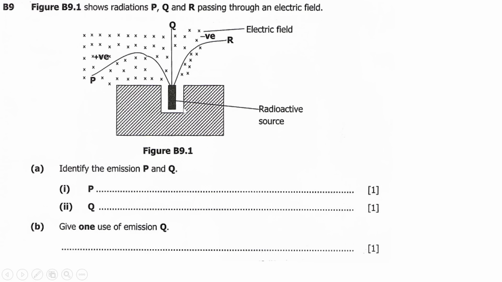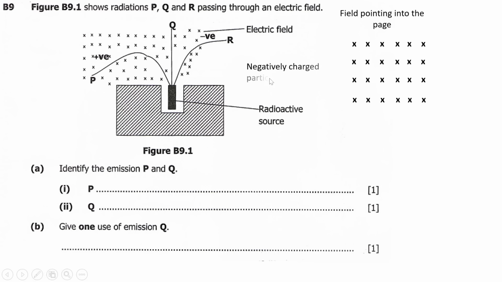So for you to be able to know what these are, you must know this fact here: if you have a field pointing into the page like this, and then you have a negative charge passing, using the right hand rule, if the first finger points in the direction of the field, then the second finger points in the direction of current, then the thumb will point in the direction of force.